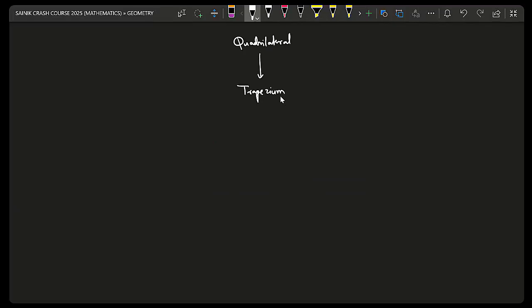We call it trapezium. And if two opposite pairs are parallel, then it is called a parallelogram. And in the parallelogram, if one angle becomes a right angle, it will become a rectangle. And in a parallelogram, if all the sides are equal, it's going to become a rhombus.